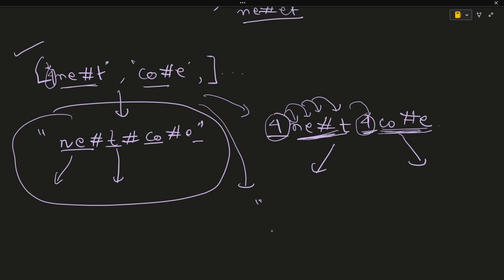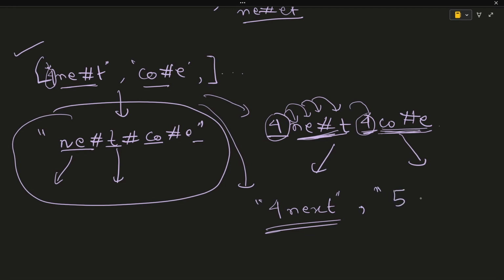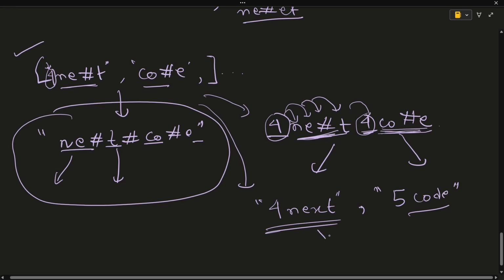What is that string in the input? For example, 4 next. This is the string in the input, along with, for example, another string, so when you just combine them, there will be a problem.